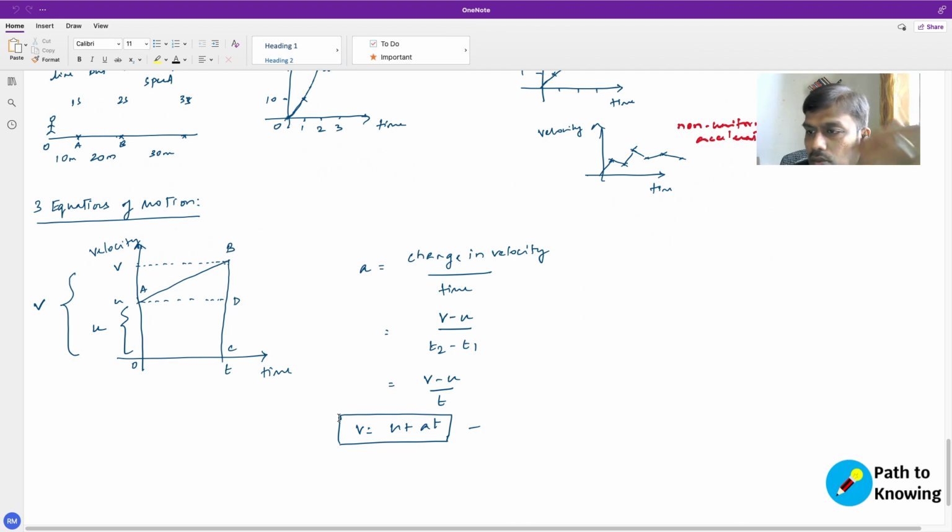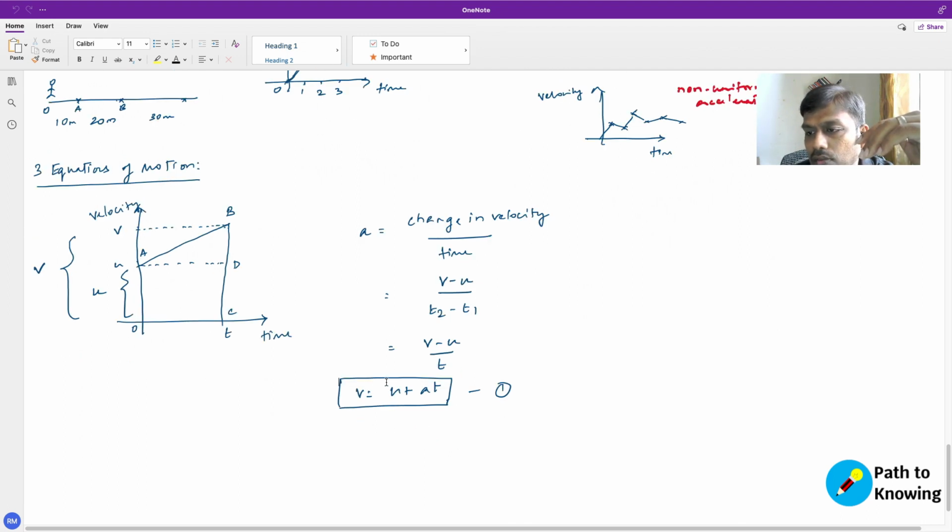Now let's go to the second equation. Now that you have derived the velocity from the initial velocity and acceleration, let's try and find out the total distance covered, or the displacement. Both are the same, primarily because this object is moving along a straight line, and it's not coming back, right?